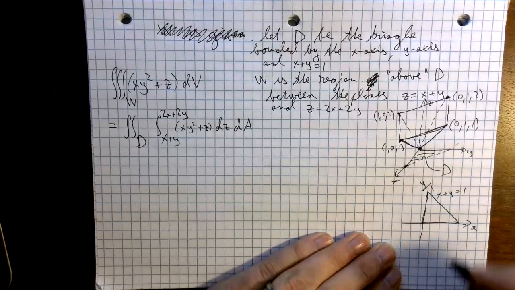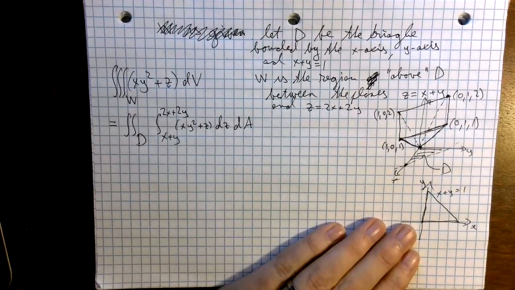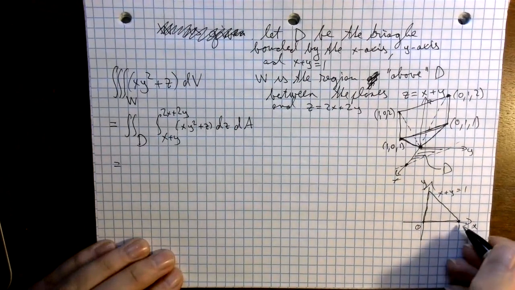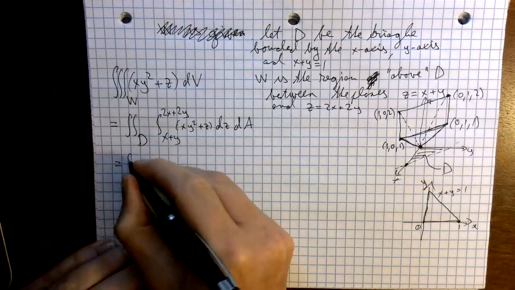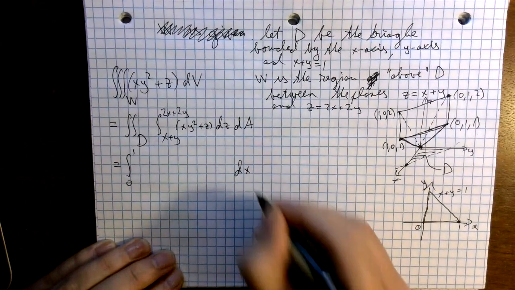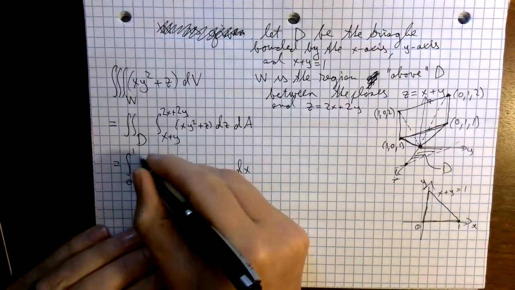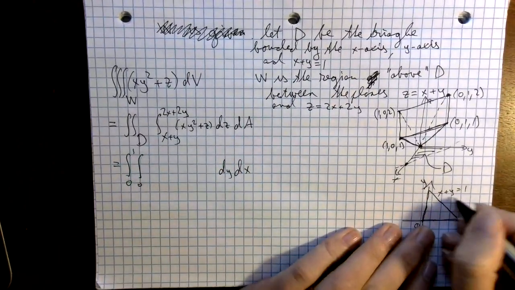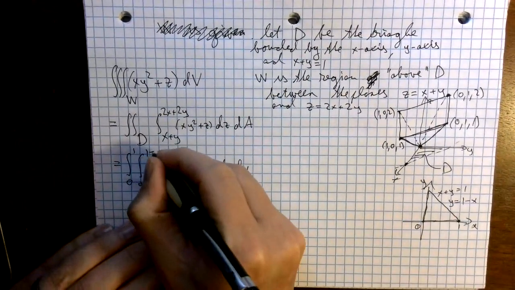So let x go from 0 to 1. That's this point, right? That is 1, 0. So I'm going to have x going from 0 to 1. That's going to be my dx bit, right? Then y is going to go from 0 to, well, I have to solve for y on this line, right? So y is 1 minus x. Okay, 1 minus x.